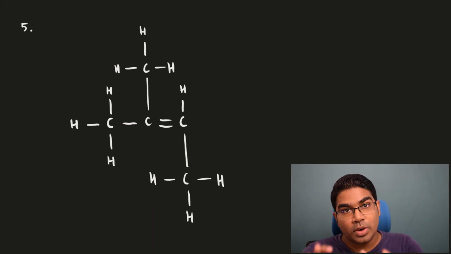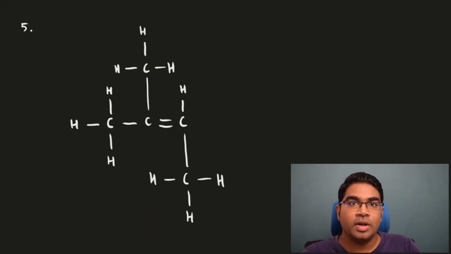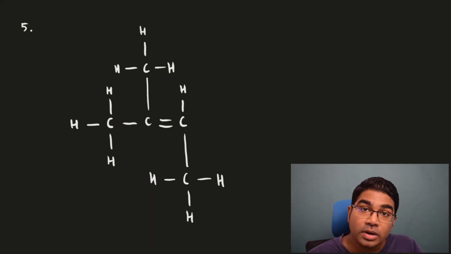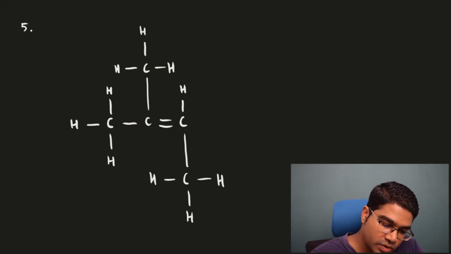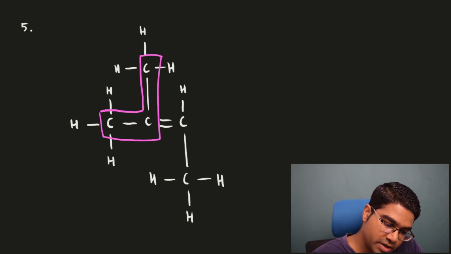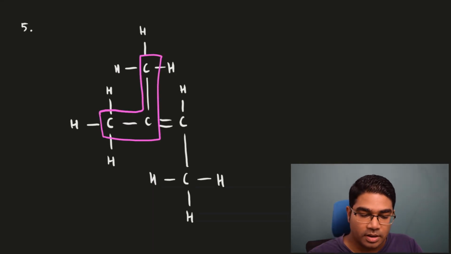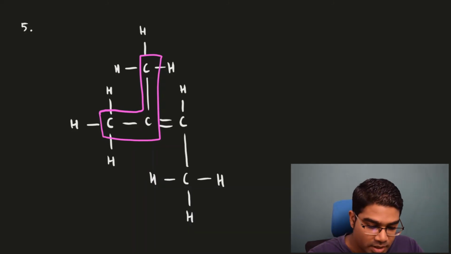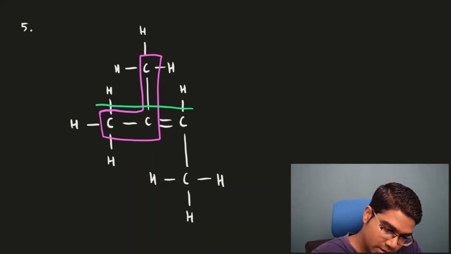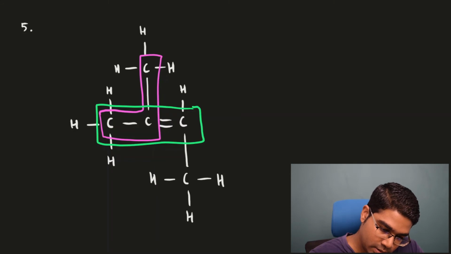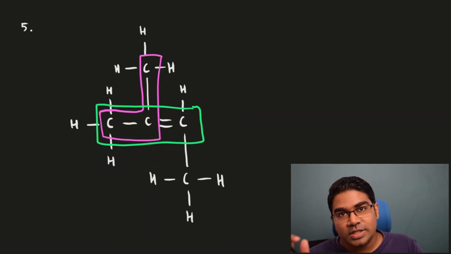Again, I recommend that you pause the video and try to name this yourself before I go through it with you. Let's see if we got the longest chain right. So the longest chain here can either be, if we start from the left, this carbon chain. This is only 3 carbons. What it cannot be is this, because this would not be the longest chain.